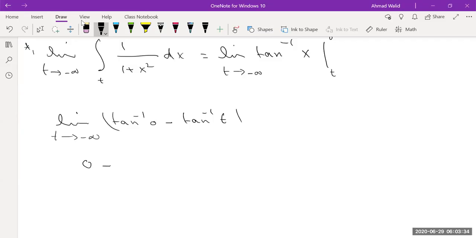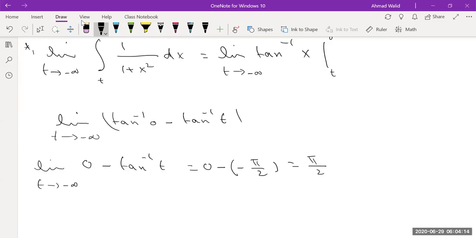Minus tan inverse of t. Still you have your limit, t approaching negative infinity, of tan inverse of t. If you remember the graph of tangent, when it goes to negative infinity, that's negative pi over 2. That means you will end up with 0 minus negative pi over 2, which gives you pi over 2.